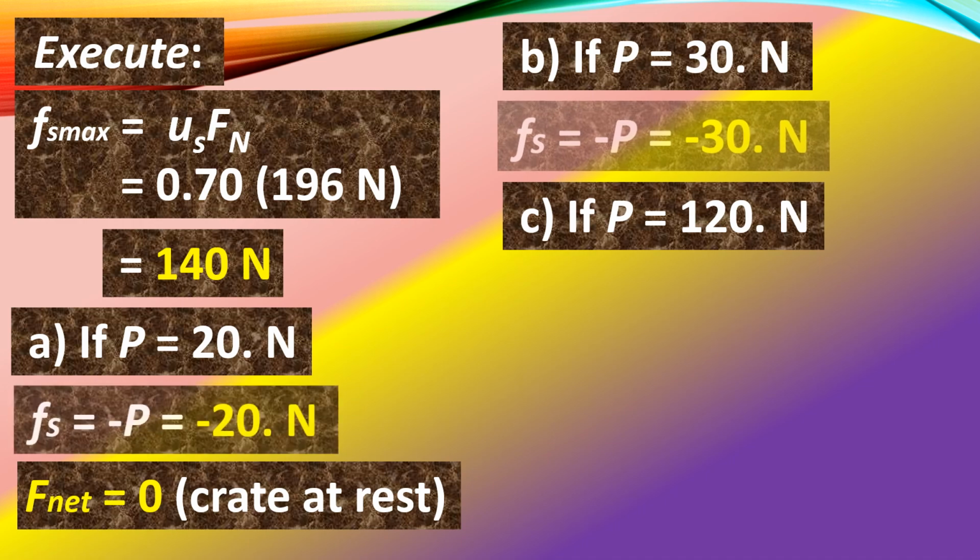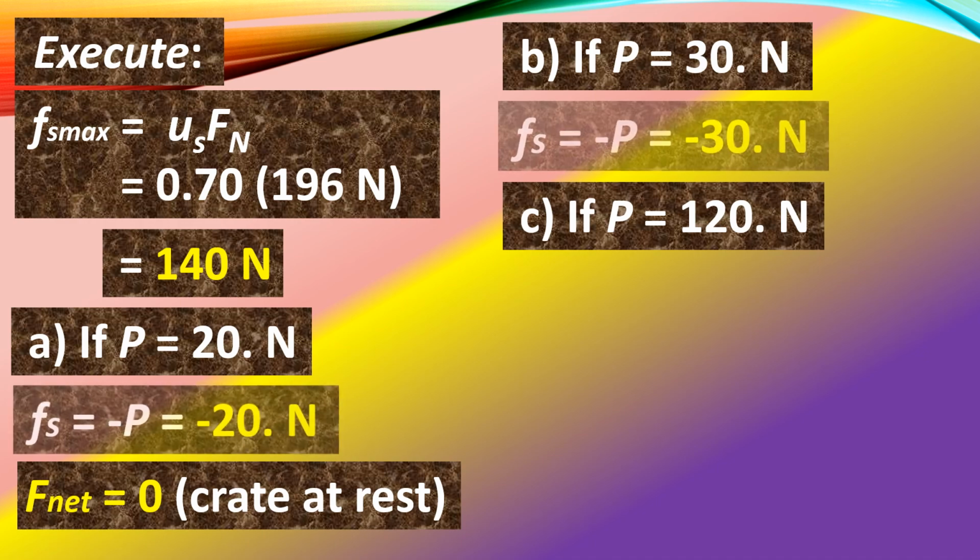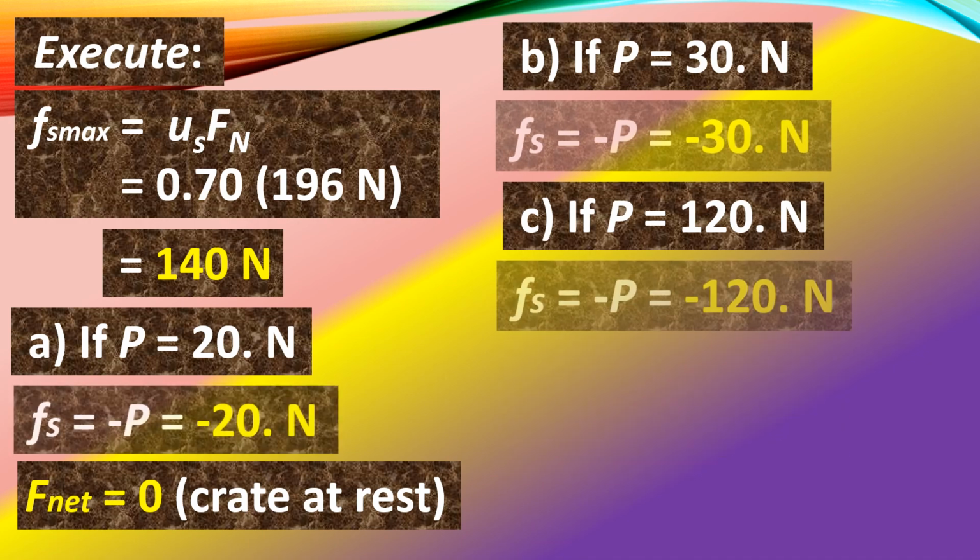So just like in the preceding cases, the crate remains at rest, but there is an applied force of 120 newtons. This applied force is just balanced by the static friction equal to 120 newtons, but directed also to the left.